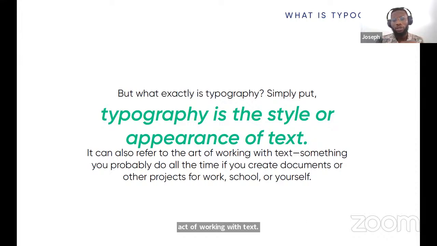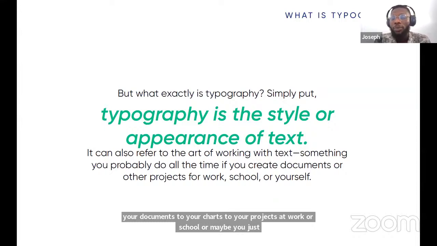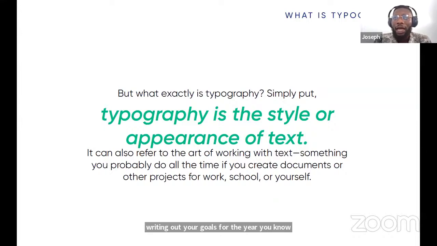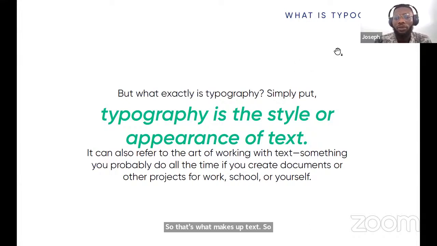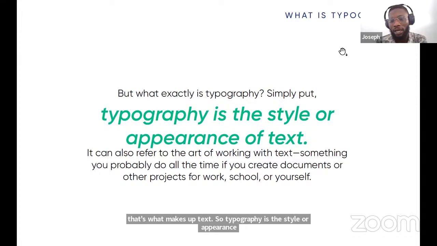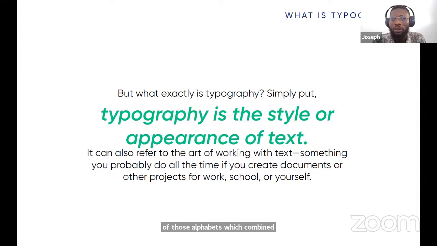From your documents to your charts to your projects at work or school, or maybe you're just writing out your goals for the year, we use typography a lot. And text is made up of letters, the A, B, C, D alphabets. So typography is the style or appearance of those alphabets, which combined together make a text. Okay?